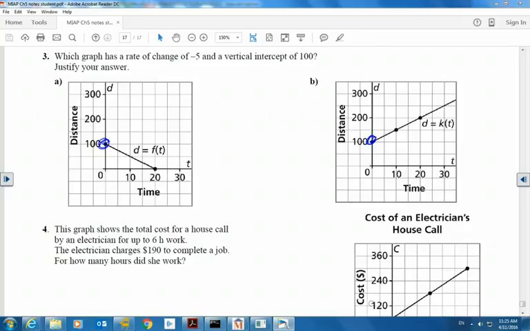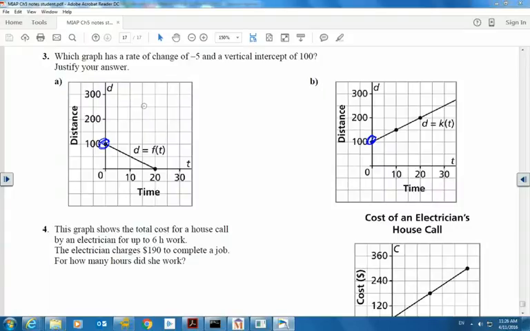But what's the deciding factor of telling us which graph matches that situation? A rate of change of -5. So the rate of change is negative, which means the line is going to appear to be going downhill. Which of these two graphs is going downhill?